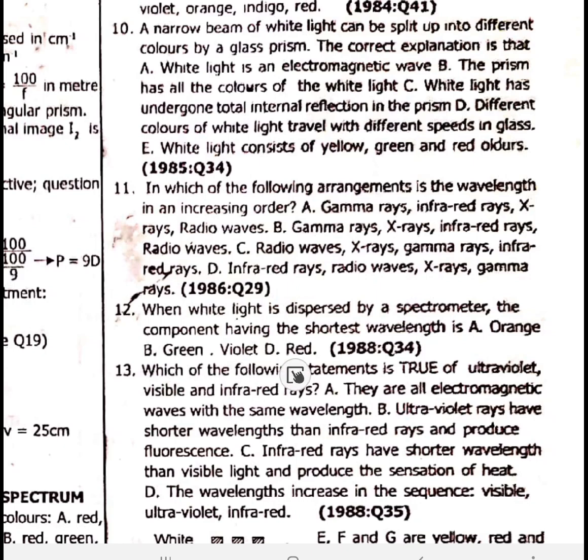So orange, green, and red are all found between the infrared and the ultraviolet, and they call them visible light.